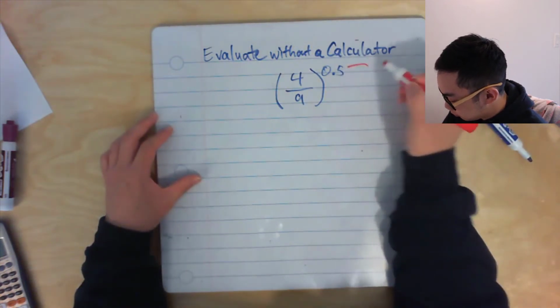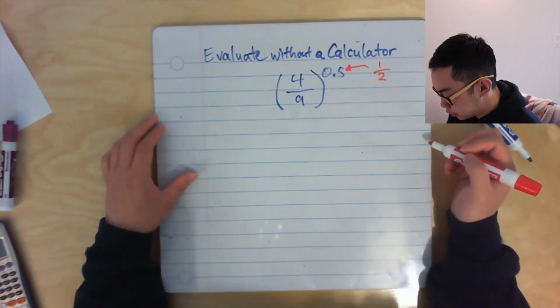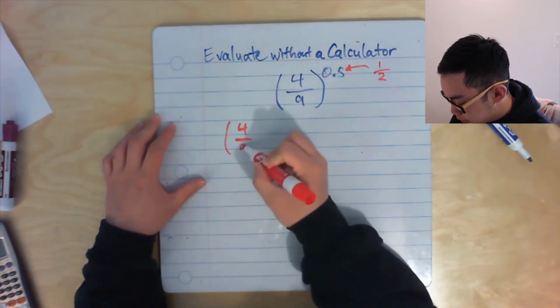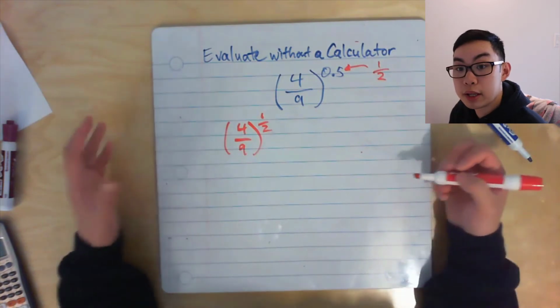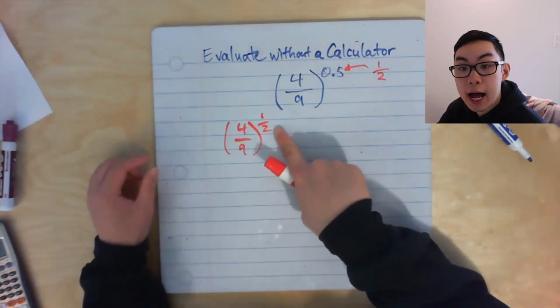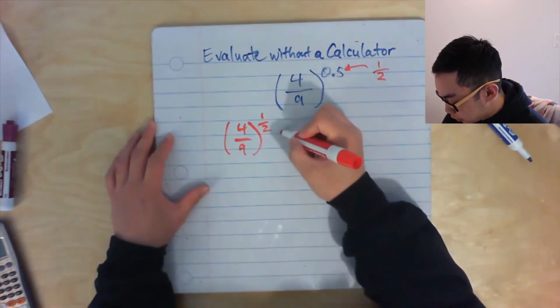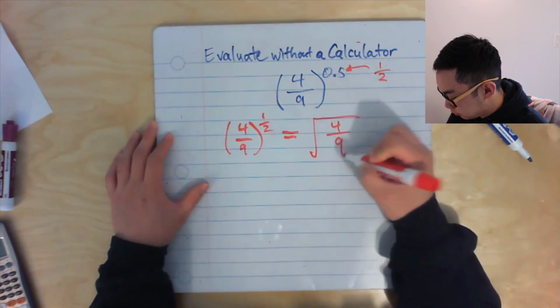Well, this number is equal to a half. And so I can just write this as 4 over 9 to the power of a half. And when this happens, I know that a power of a half is going to get me a square root. So this ends up being the square root of 4 over 9.